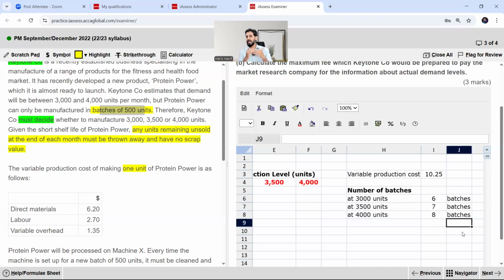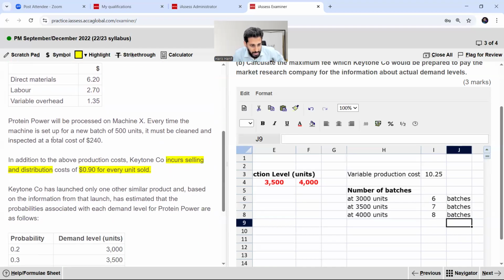So it is very simple that I have got the number of batches. Every time the machine is set up for a new batch, there is a cost of 240. So I will be counting this 240 in the form of batches, not in terms of the number of units.